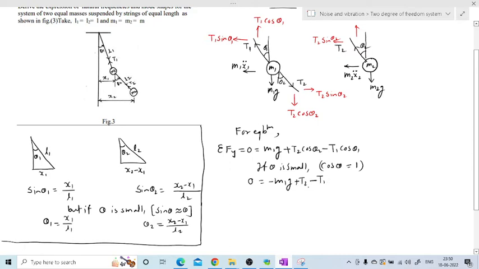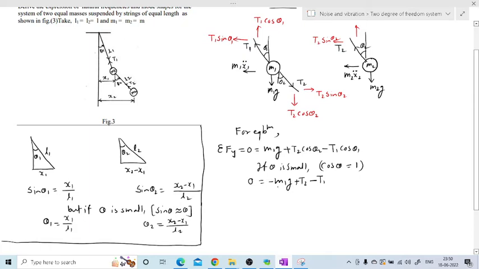So we will get the relation between T1 and T2. Transfer this mg to the other side.